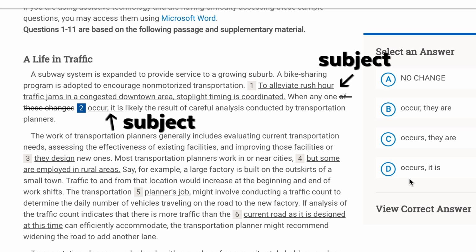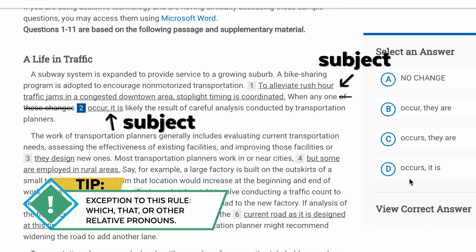Well, I'm going to do the same thing to try to hone in on this pronoun agreement, because ideally my best, cleanest structure is going to be having the subject of the first half of the sentence be the thing that the pronoun in the subject position in the second half of the sentence refers to, if I can. And that's just because it creates this really clean structure. The exception to this rule would be if we're using a word like which or that, but that's another story.